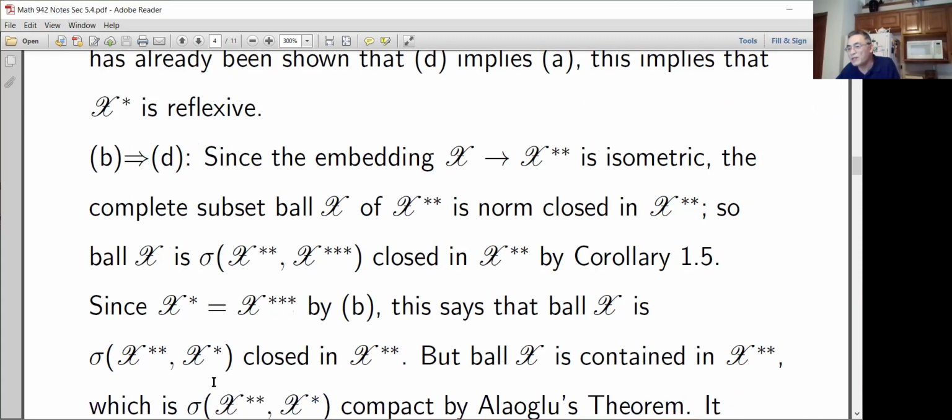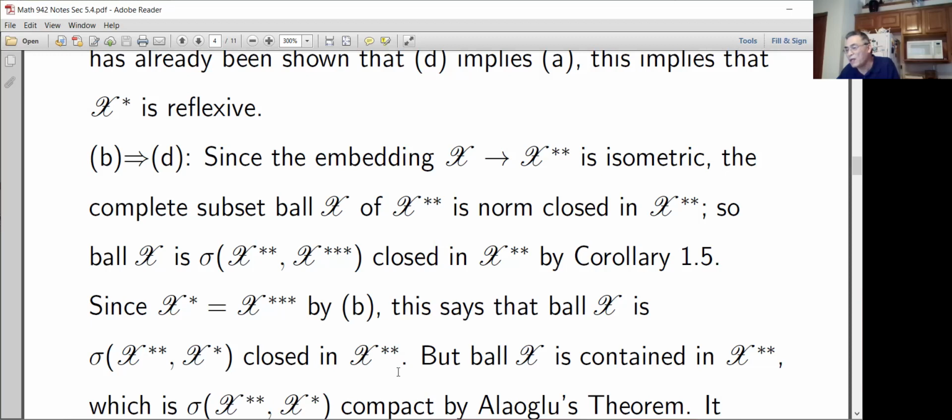So this set is closed in the ball. Yeah, I forgot to put ball here. Ball X double star. Okay, this is closed in ball X double star.